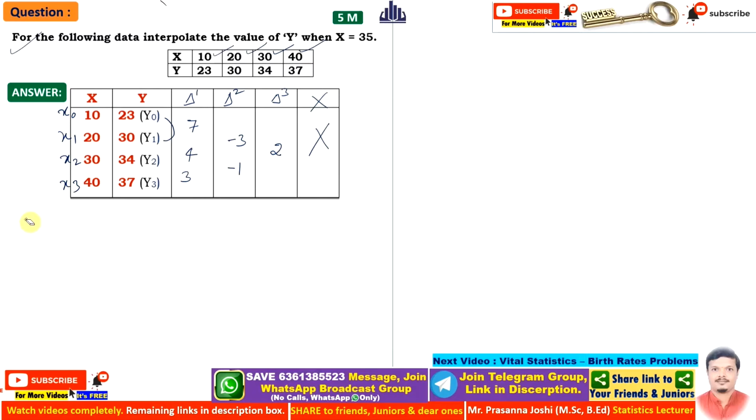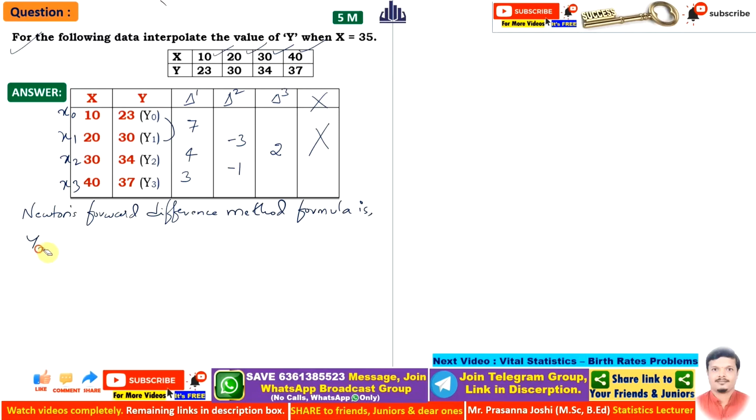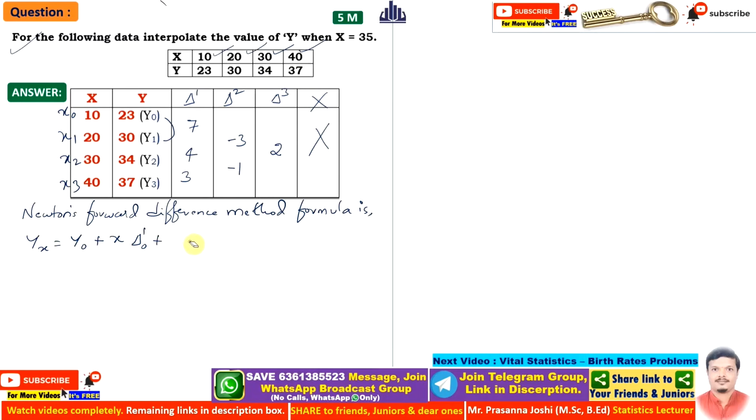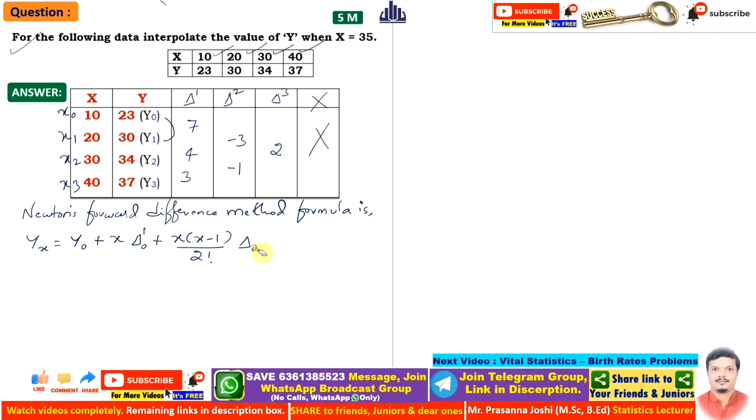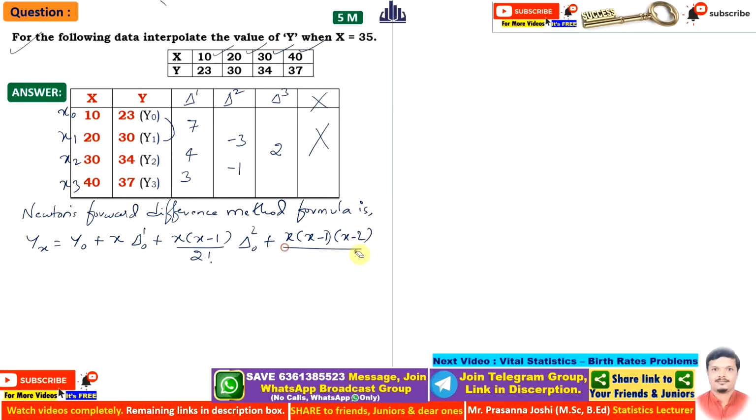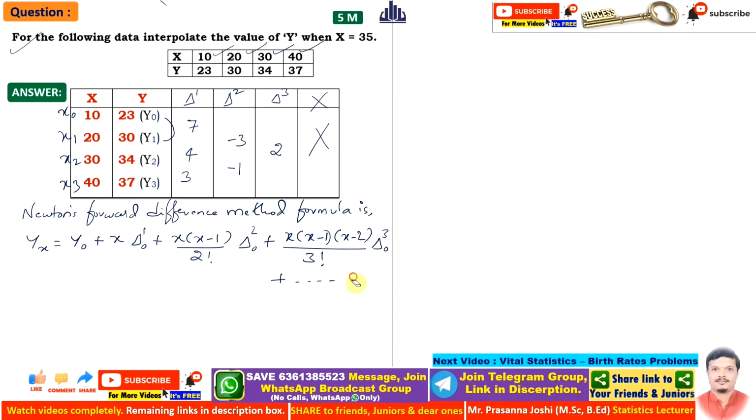So now Newton's forward difference method formula is y_x equal to y0 plus x delta0 1 plus x into x minus 1 divided by 2 factorial into delta0 2 plus x into x minus 1 into x minus 2 divided by 3 factorial into delta0 3 plus so on.